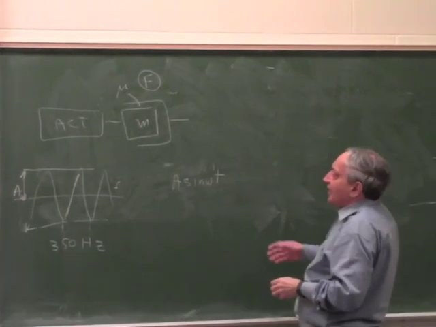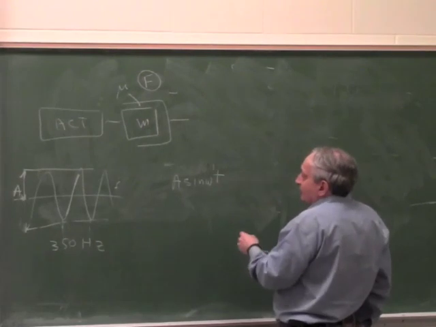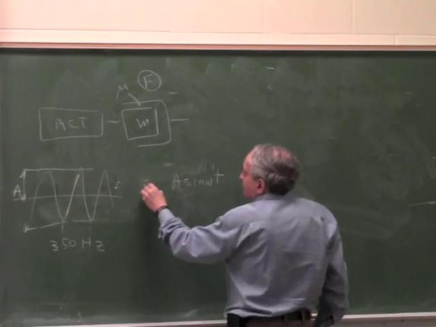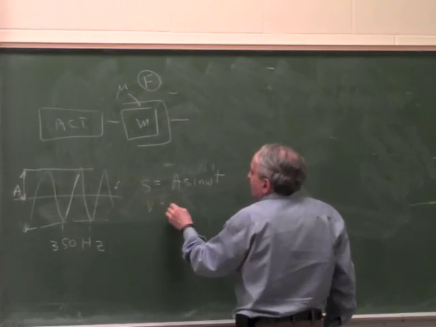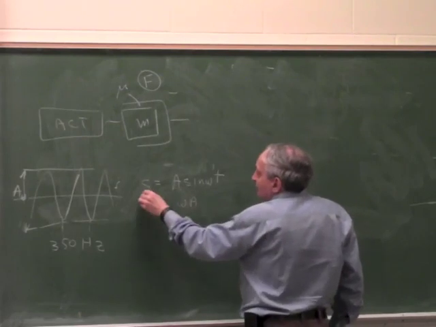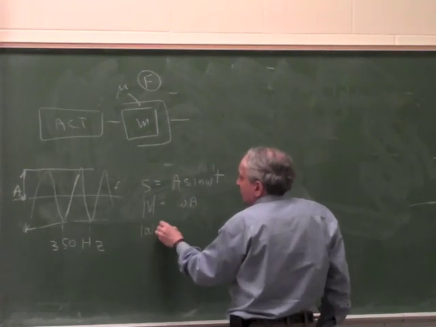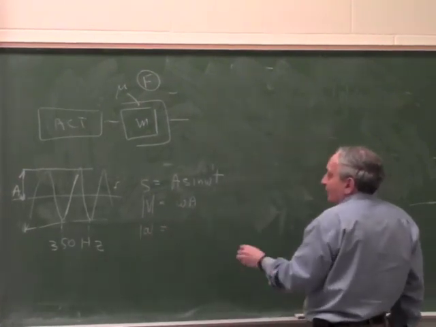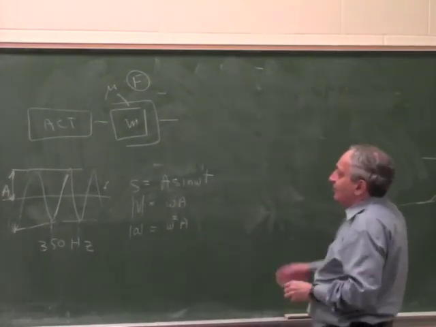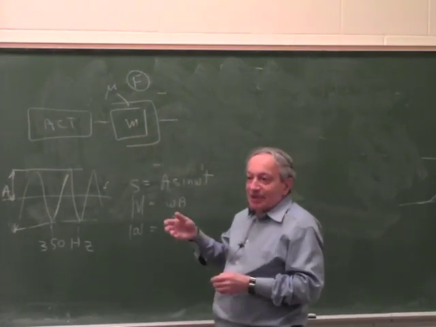Now from this I can take the acceleration force, which will be the second derivative. So this is position, then I have the velocity: the maximum velocity is omega A, and the maximum acceleration is omega squared A. If I multiply this by the mass, I get the maximum force.